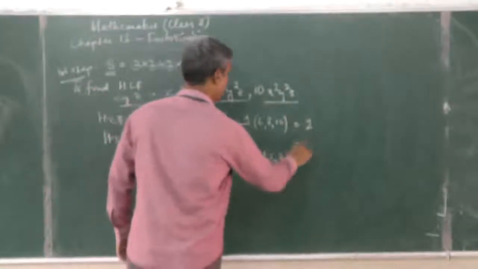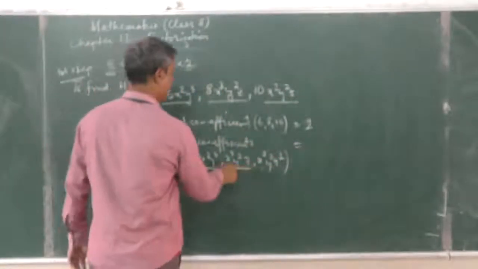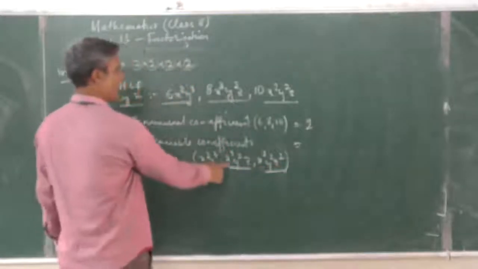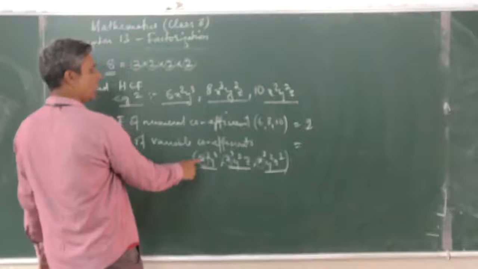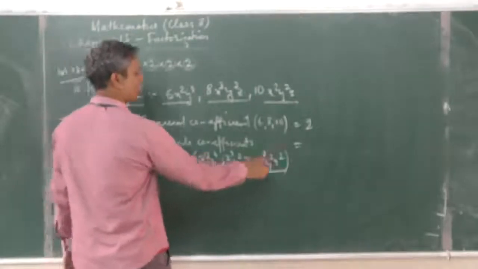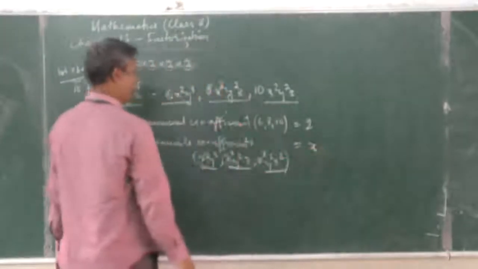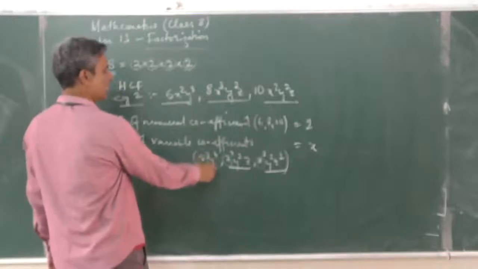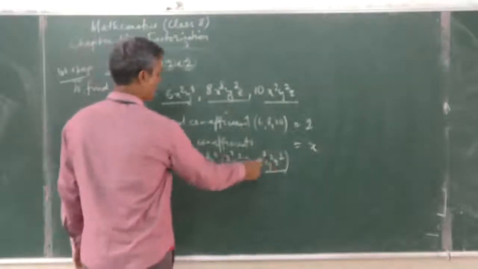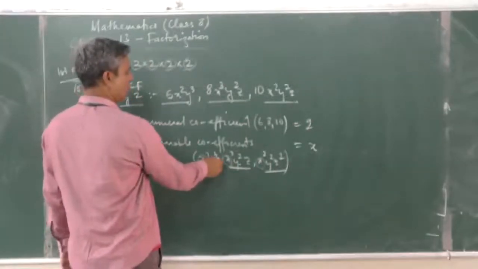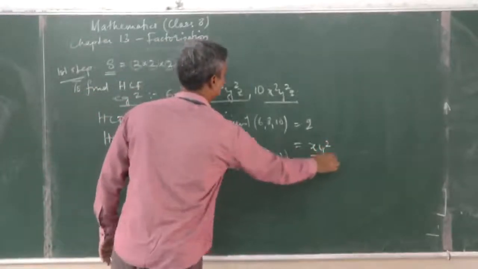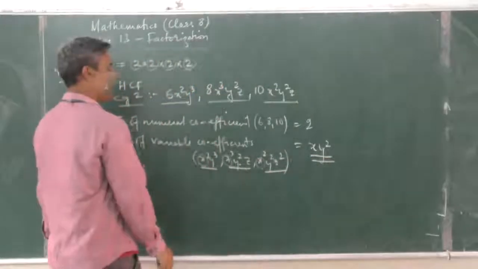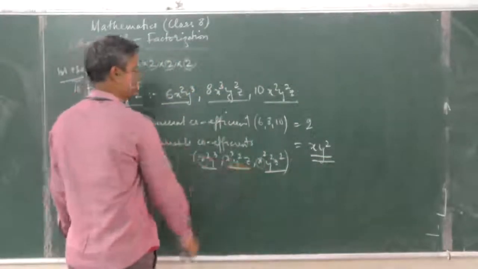So if we look at these values separately, x is common in all three, and the smallest power of x is 1, so that is the factor. y is also common in all three. This is y cube, y square, so y square is the HCF of these three terms.